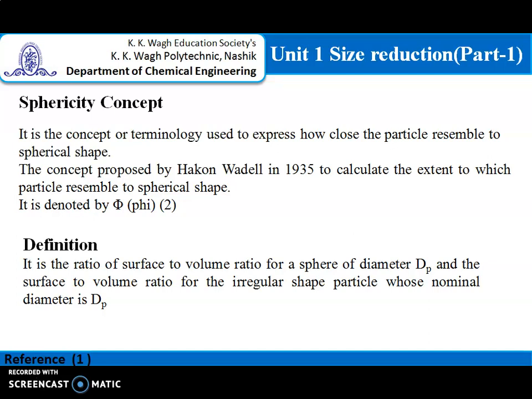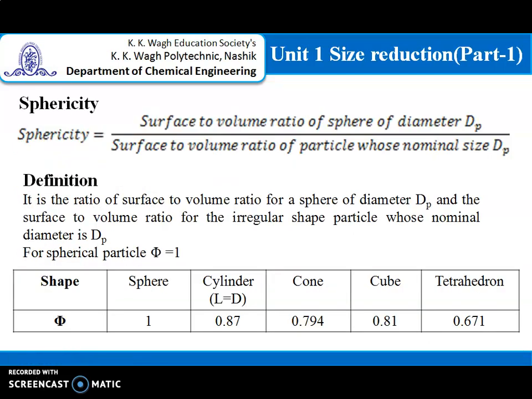Now the definition is: it is the ratio of the surface to volume ratio for a sphere of diameter dp to the surface to volume ratio for the irregular shaped particle whose nominal diameter is dp. That means it is the surface to volume ratio of the spherical particle to the surface to volume ratio of the particle under consideration, assuming its nominal diameter as dp.